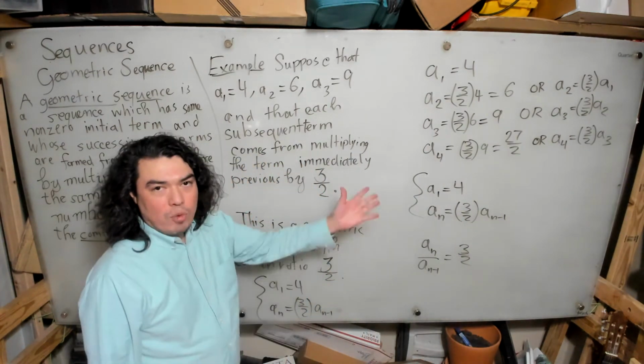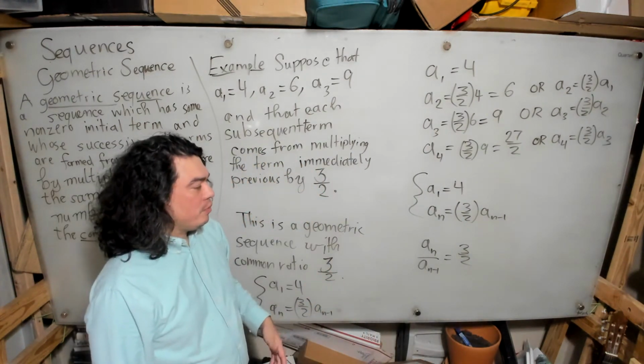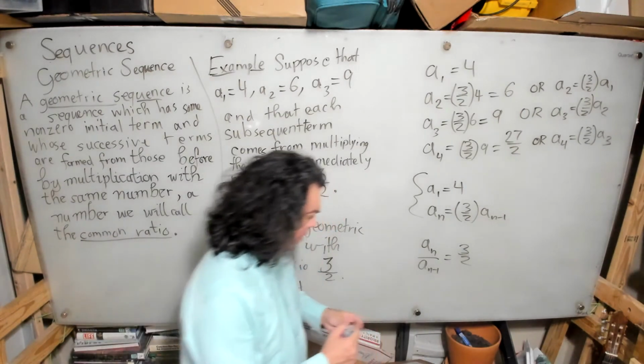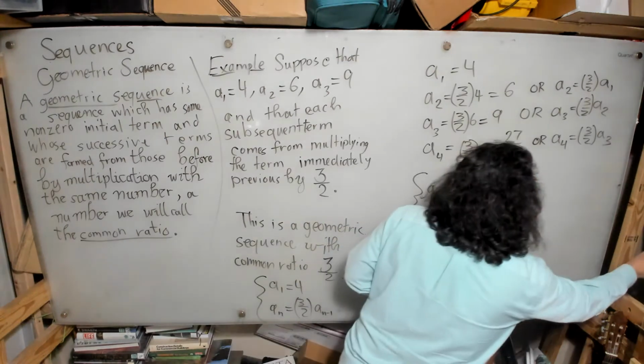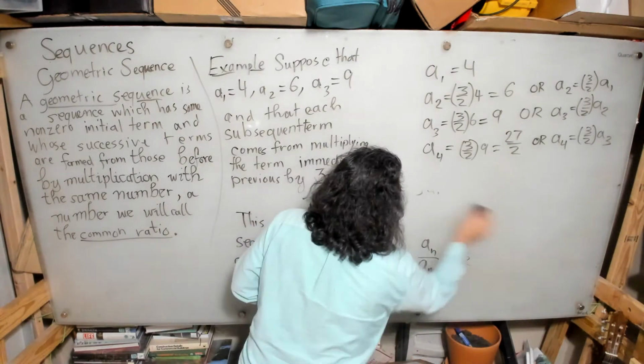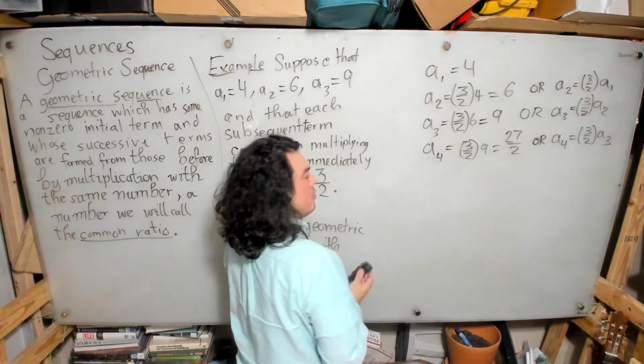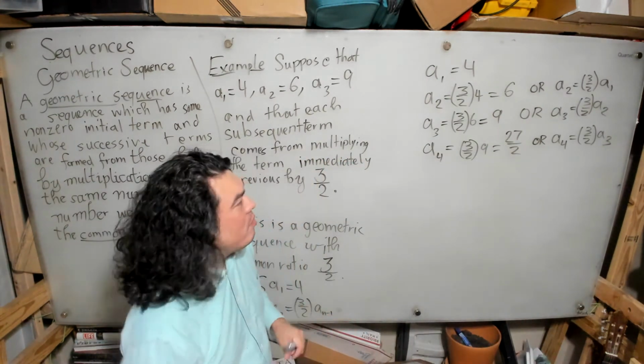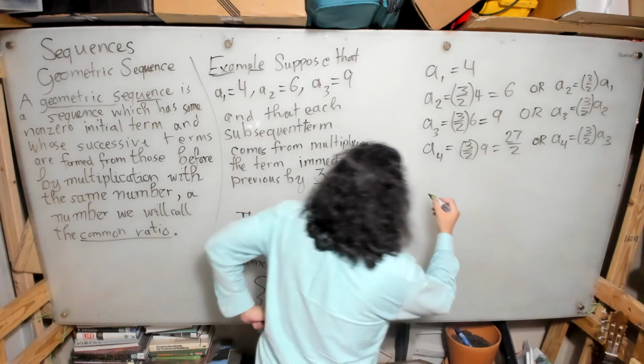So you can see more clearly here, if you have the recurrence relation, what the common ratio is. And now finally, I want to make another observation. I'm pretty sure by now you can see what observation I'm going to make, but let's do it together anyway.